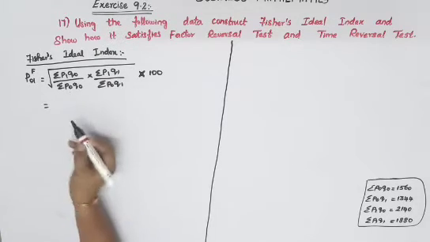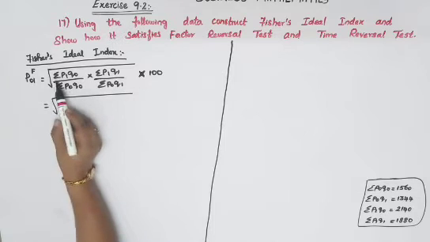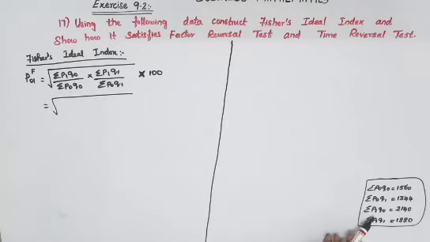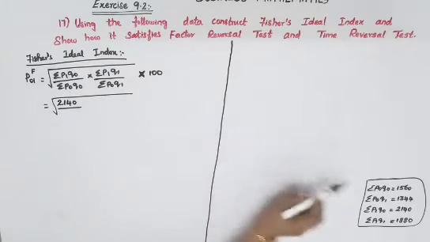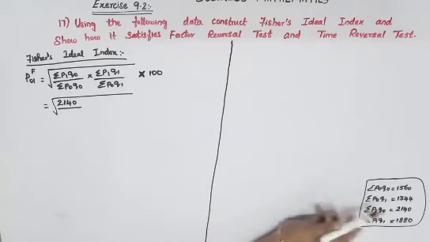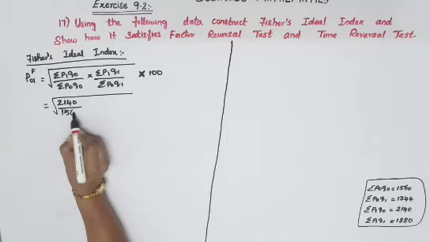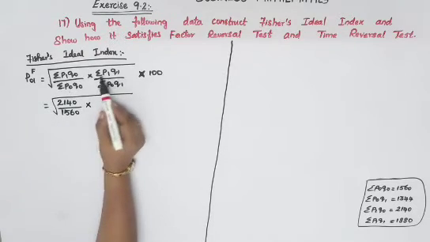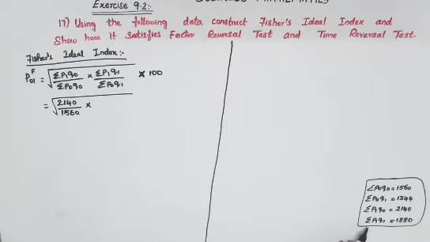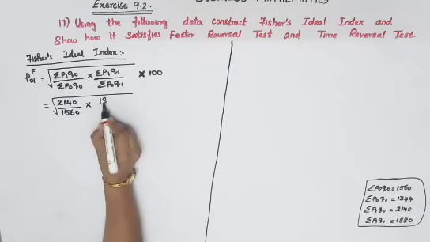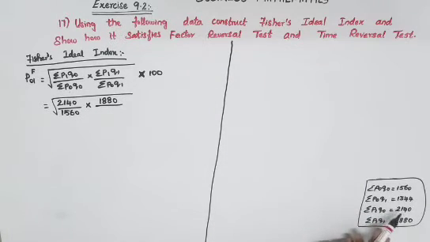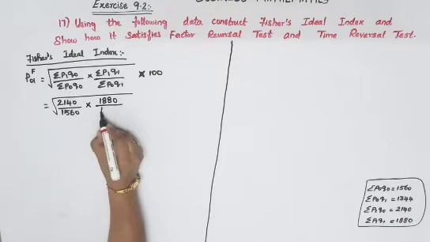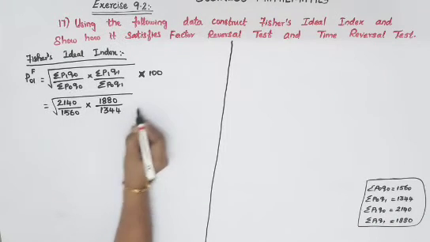Now you will have to replace your values over there. So it is the root of sigma P1 Q0. We have got the value here, 2140, divided by sigma P0 Q0, which we have got here, that is 1560, into sigma P1 Q1, which is 1880, divided by sigma P0 Q1, that is the second value, 1344, into 100.